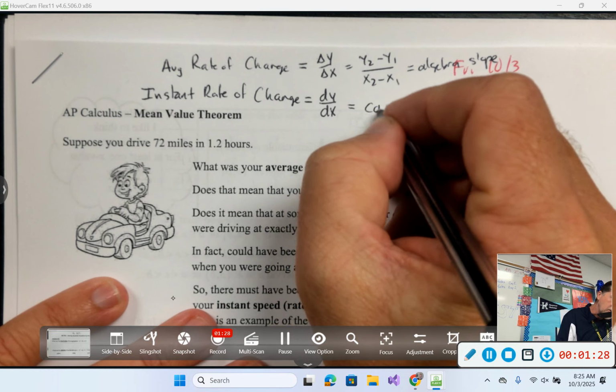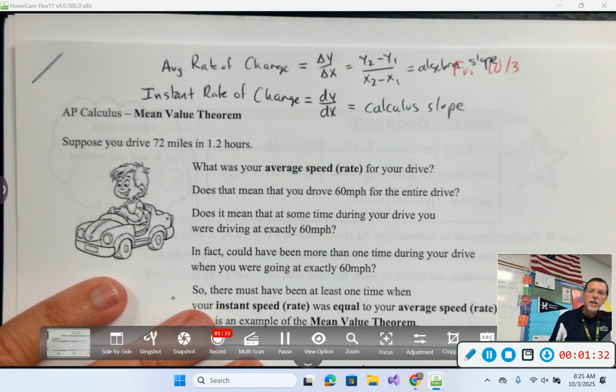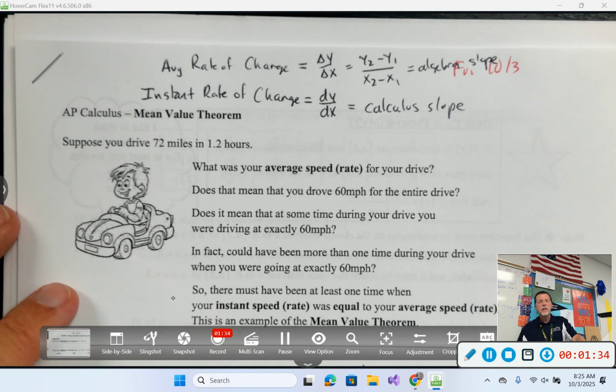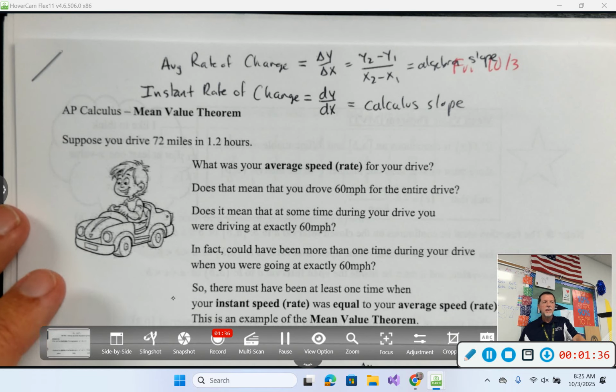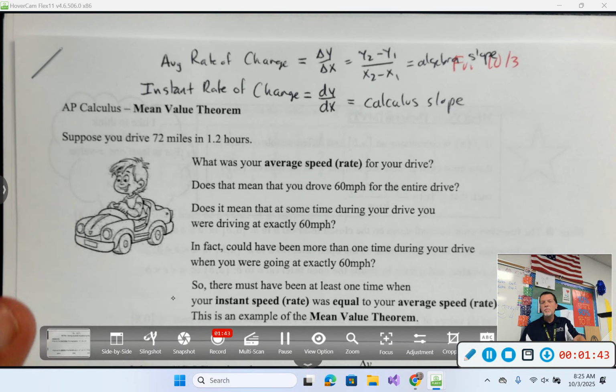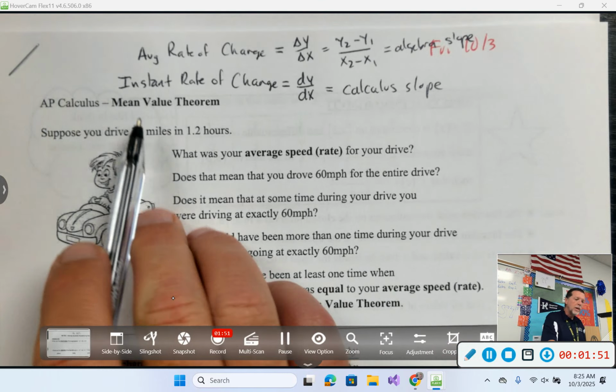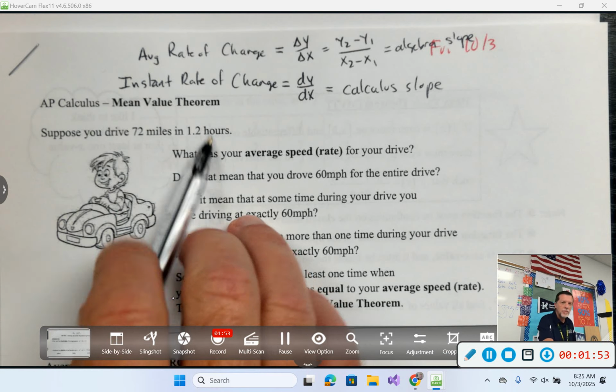That's the calculus slope. Okay, so I don't want to say set that aside. We're going to need that in a minute. Set it aside in your brain, but not too far aside. We're going to come right back to it pretty quick when we talk about the mean value theorem.